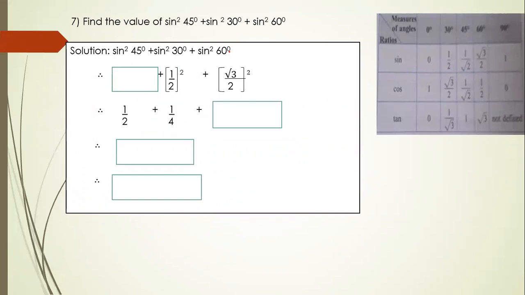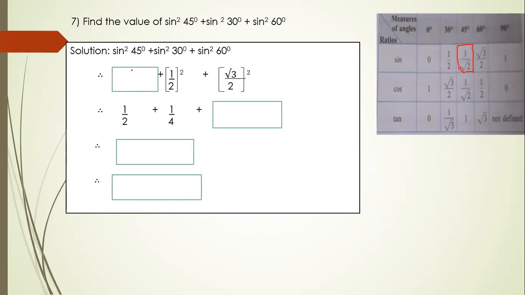Therefore, now here we have to substitute the value, and after substituting the value, we will solve it. So sine square 45 degree. In the table, we have to see what is the value of sine 45 degree. Here you can see sine and here you can see 45 degree. So the value is 1 upon root 2, right?